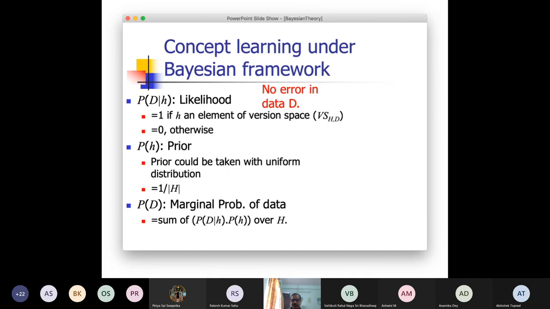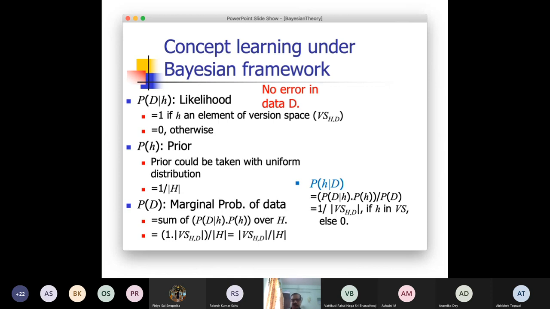So if I consider the likelihood of each hypothesis for the data, then basically this is a joint probability of data and hypothesis over the hypothesis space, and that is the marginal probability of data. So that can be expressed in this form. And finally, if I consider the posterior probability, that means given the data, what is the probability of choosing that hypothesis?